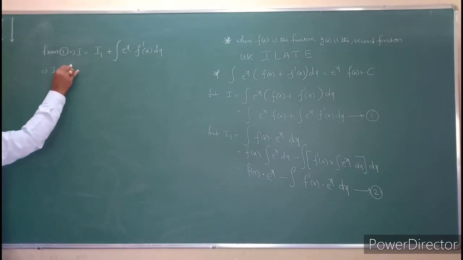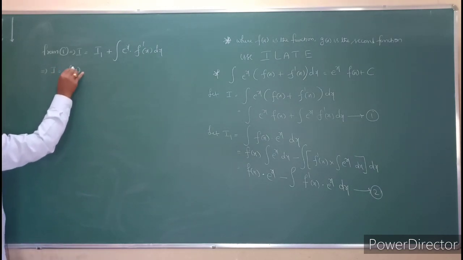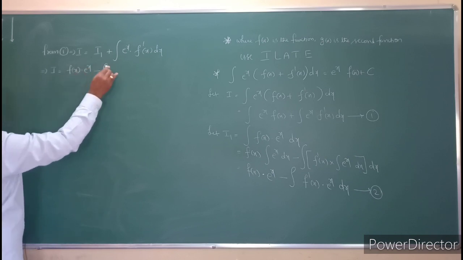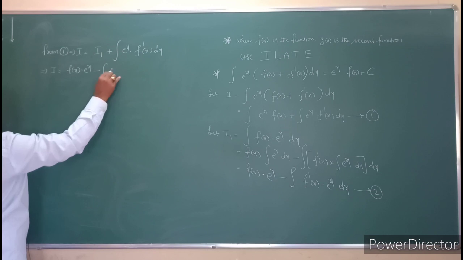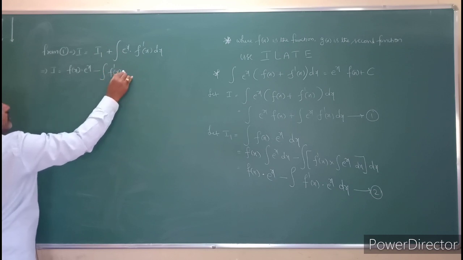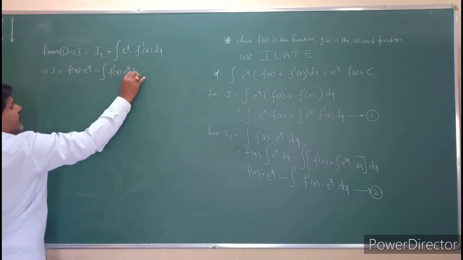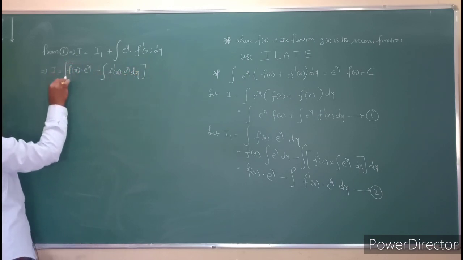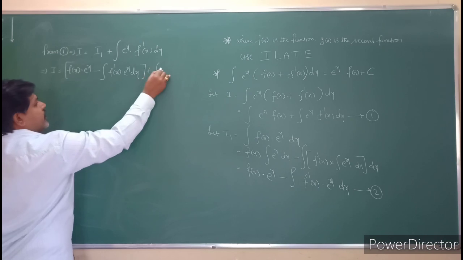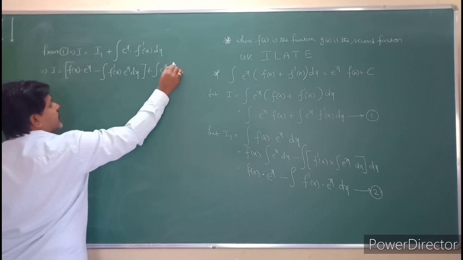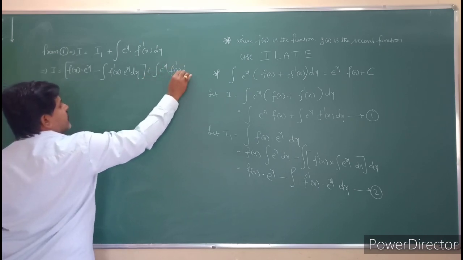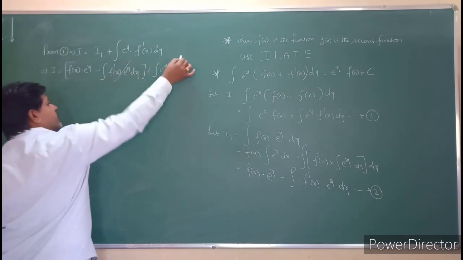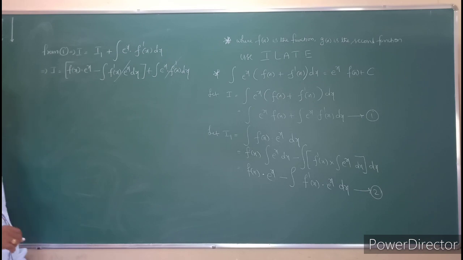What is that? f of x into e power x minus integral of f dash of x into e power x into dx, plus integral of e power x into f dash of x into dx. So what happens, students? The integral of e power x into f dash of x will be cancelled.